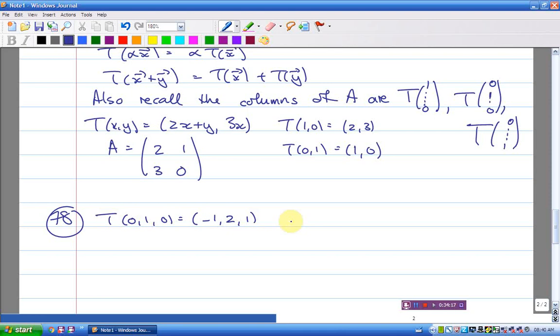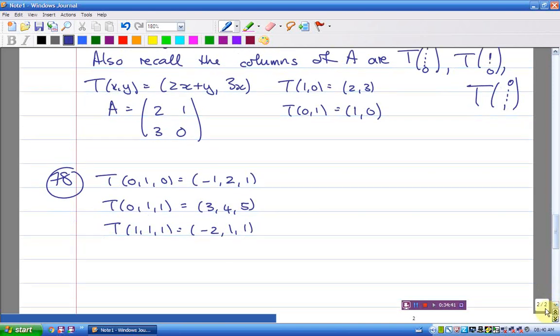So here we have T applied to 3 vectors, and that's all we know about the transformation. We've only been given those 3 facts, and we now need to figure out what our transformation is, particularly what is the matrix that represents it.